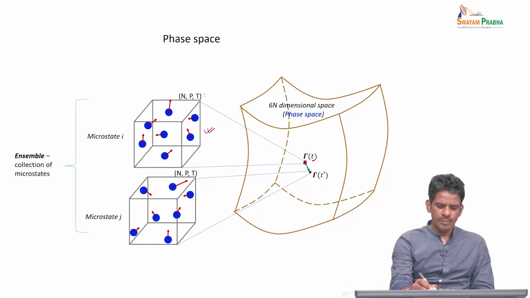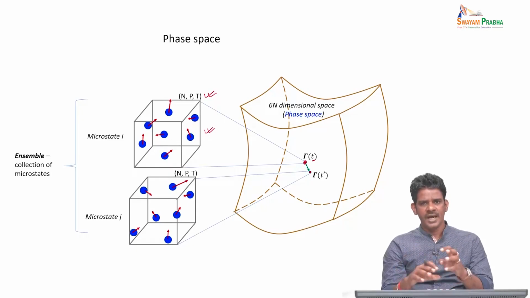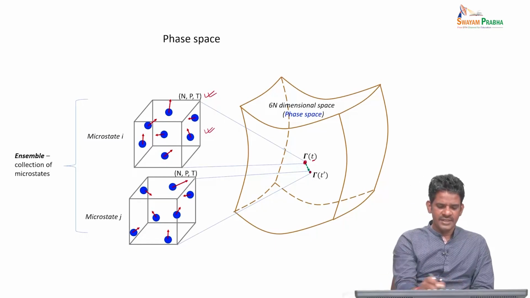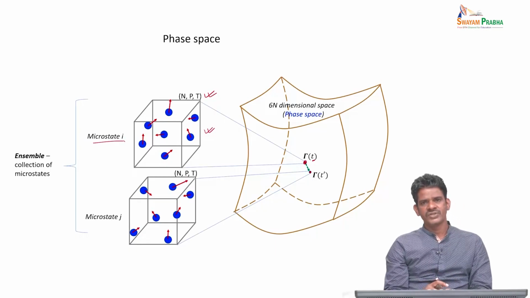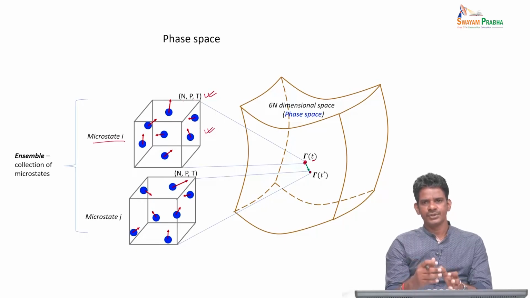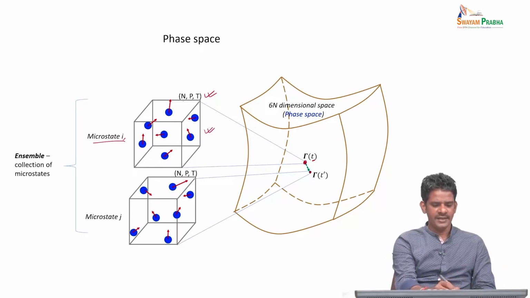Macroscopically, the system conserves the pressure, temperature and number of particles, but microscopically, the distribution of atoms' positions and velocities could be different. I call this particular instant microstate i. So here we are talking about a system overall conserving N, P and T, but microscopically having a certain distribution of positions and velocities, and we designate this as microstate i.